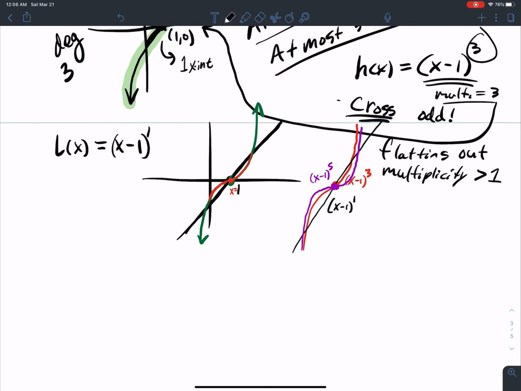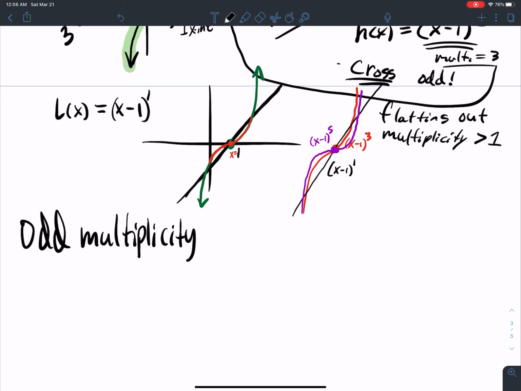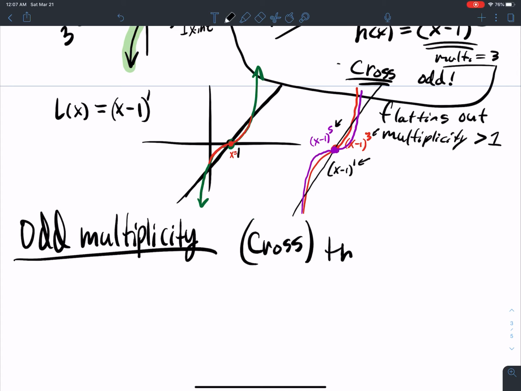So just to summarize what we've been talking about here, because it can be a little bit confusing. Odd multiplicity, okay? If I have an odd multiplicity, multiplicity 1, multiplicity 3, multiplicity 5, then we cross through the x-axis.